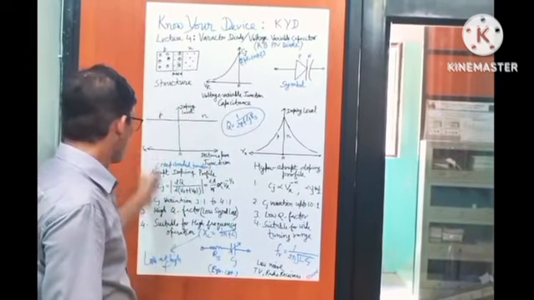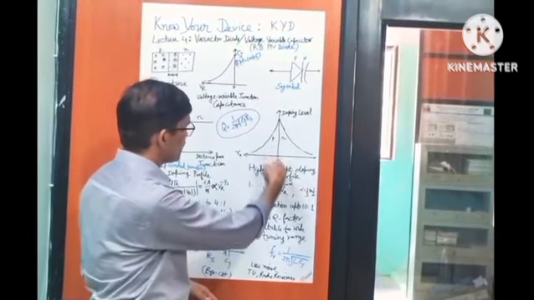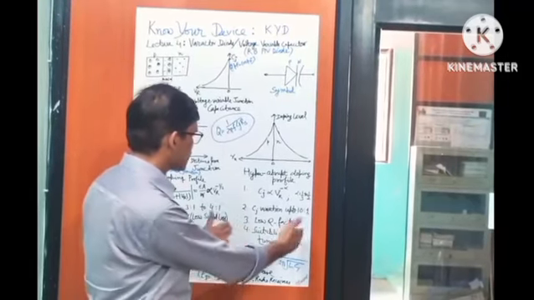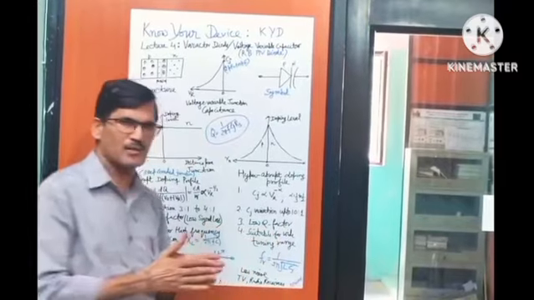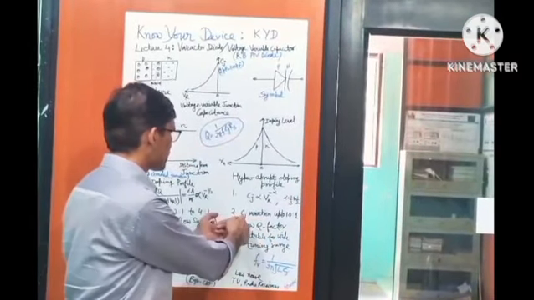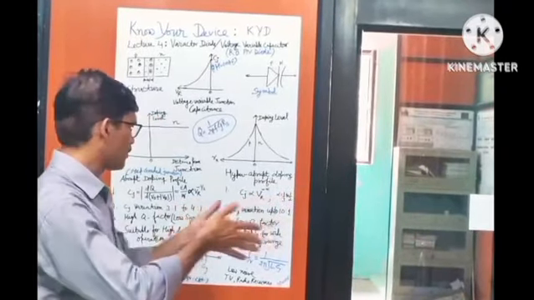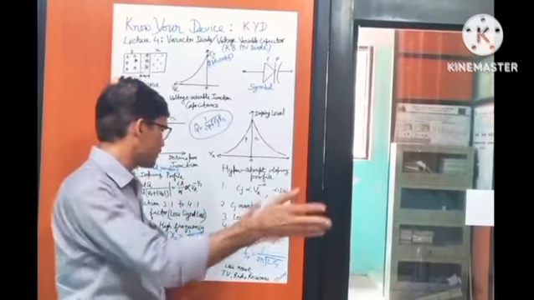So this doping profile is suitable for high frequency operation of Varactor diode, whereas the hyper abrupt doping profile is suitable for the requirement of wide tuning range. Wide tuning range because the variation of Cj is up to 10 times. So we can get a large frequency variation between the minimum frequency and the maximum frequency.